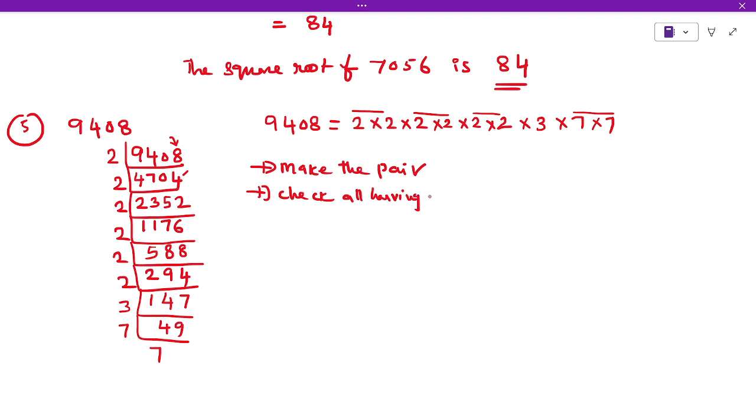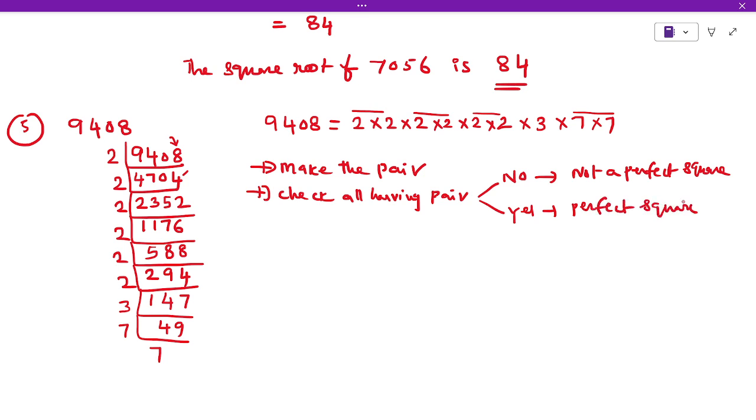If yes, then it is a perfect square. If no, then it is not a perfect square. Clear? As simple as that.